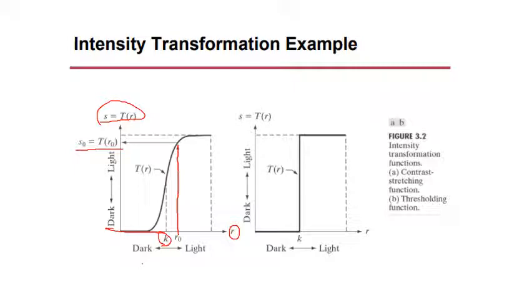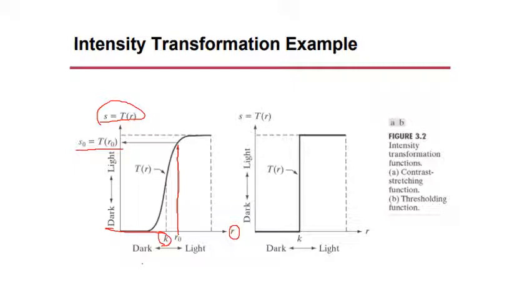The next one is a simple function known as the threshold function. So what do we do in the threshold function? It is as simple as that. Set the threshold value k. Whatever is above the value of k, directly map it to the highest value. Whatever is below the value of k, directly make it the lowest value, 0. Suppose I have a range of values from 0 to 255.